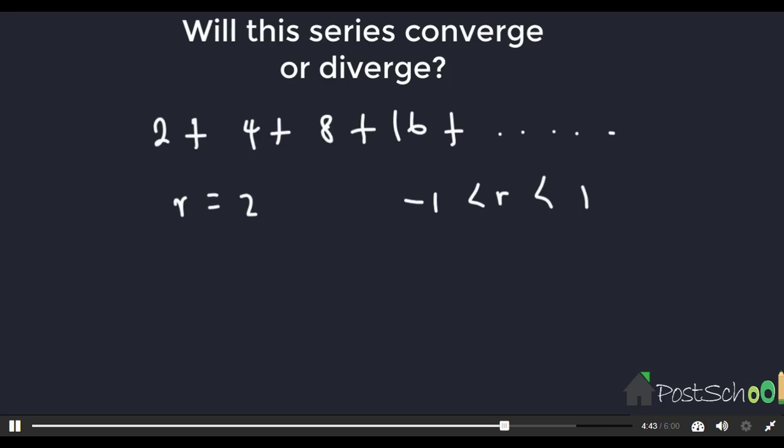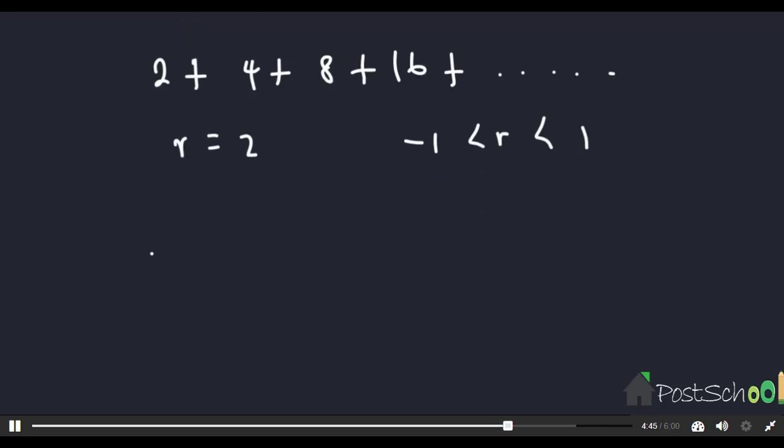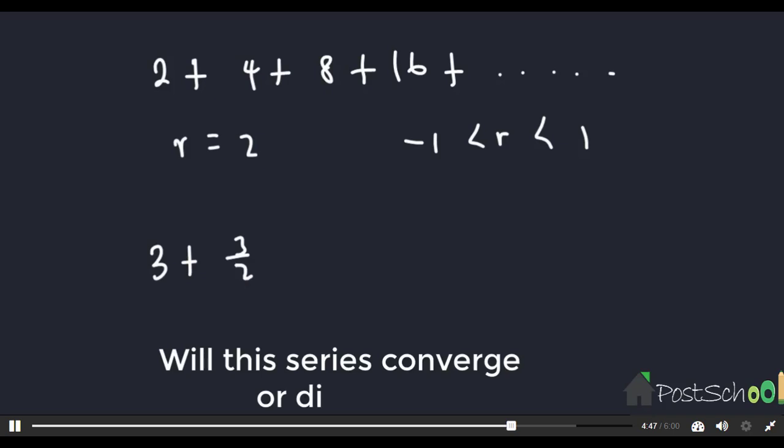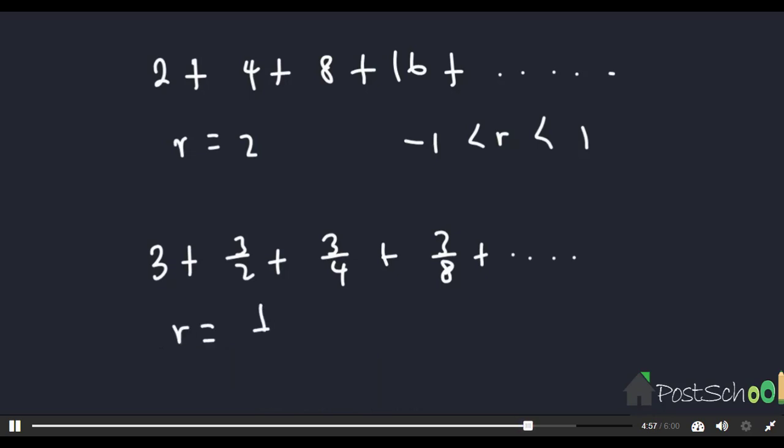And will this other series converge or diverge? This one will converge since it has r equal to half, which is in the range of -1 less than r less than 1.